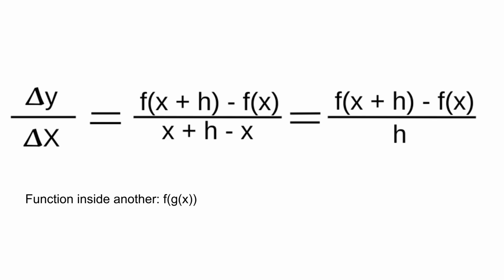We will be using this new notation for finding the gradient, which changes change in y over change in x into f of x plus h take away f of x over x plus h take away x, which simplifies to f of x plus h take away f of x all over h. You can also see that the function inside of another simply shows f of g of x.